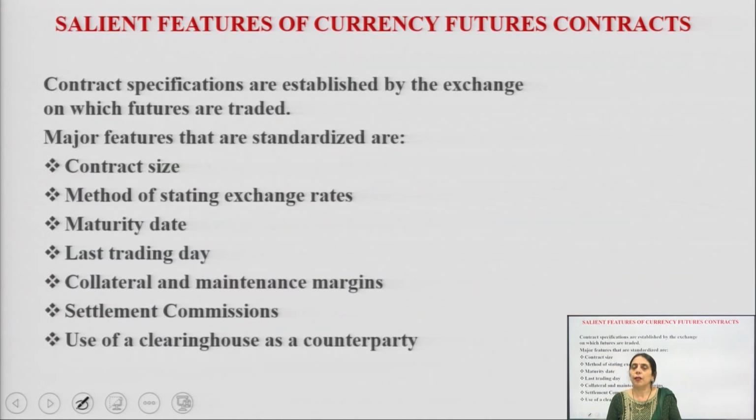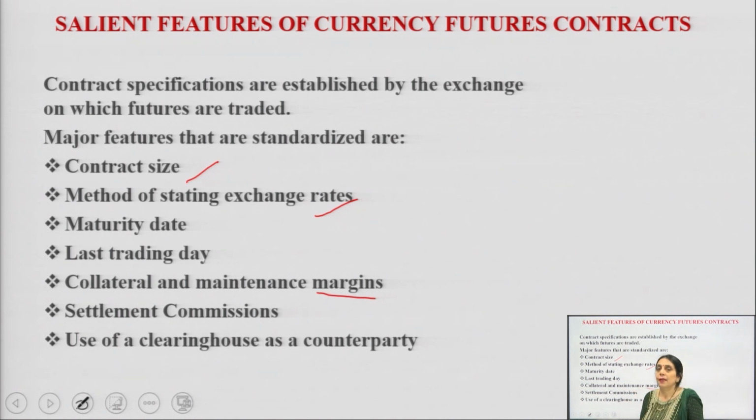The next feature of the currency future market is the contract specification, and all the things are defined here. The contract size is defined, the method of stating exchange rates is defined, the maturity date is defined, the last trading day is defined, and we have already discussed the collateral and the maintenance margin, which we will discuss in detail in the next slide.